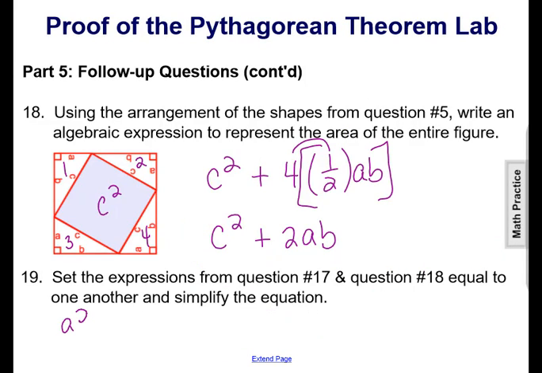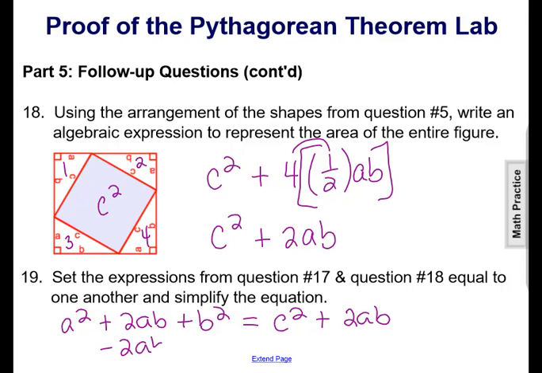We can set A squared plus 2AB plus B squared equal to C squared plus 2AB. And if we simplify this equation by subtracting 2AB from both sides, we end up with A squared plus B squared equals C squared. We get the Pythagorean theorem again.